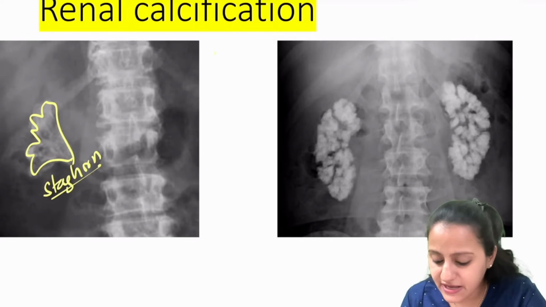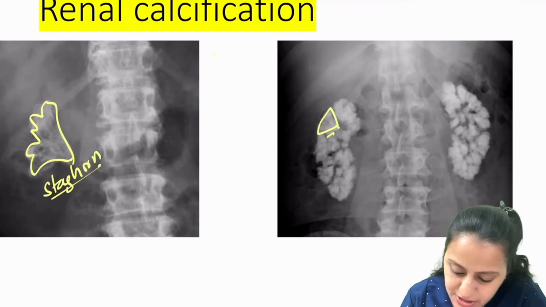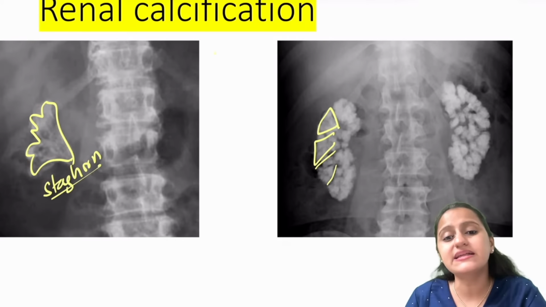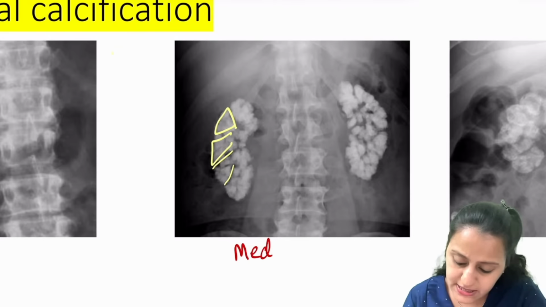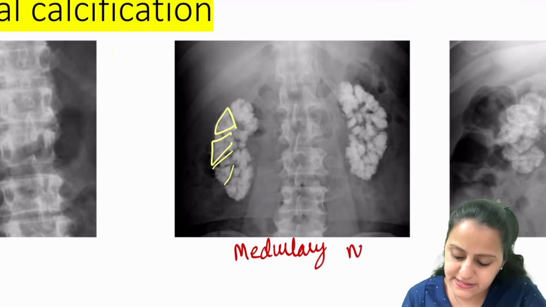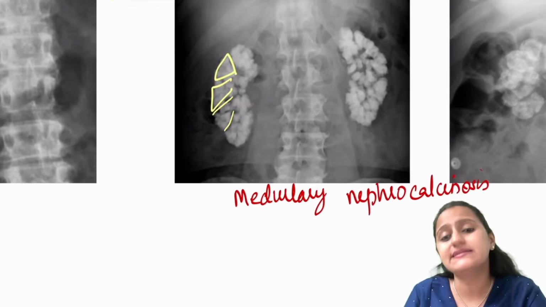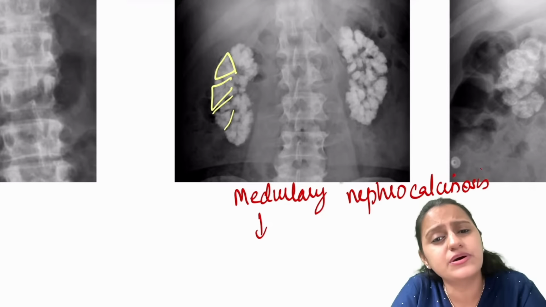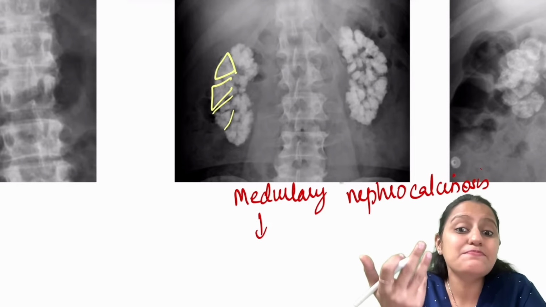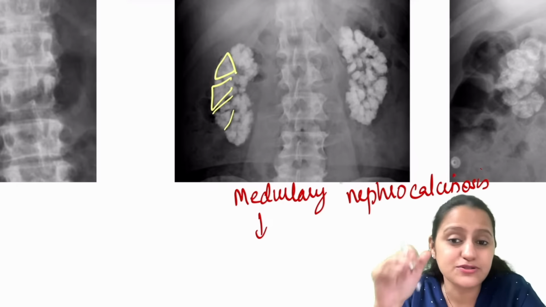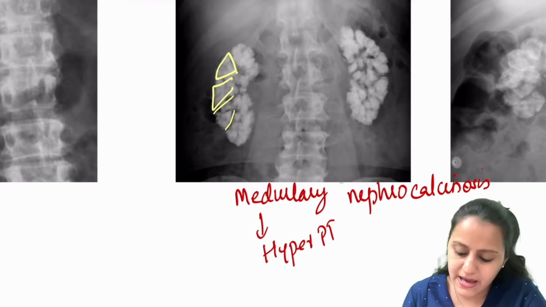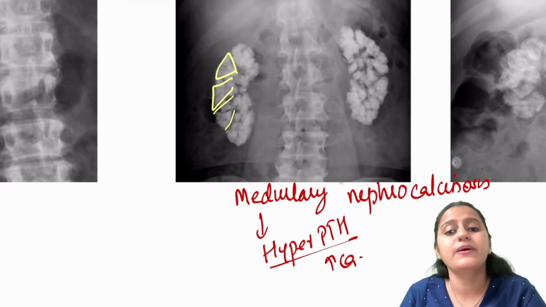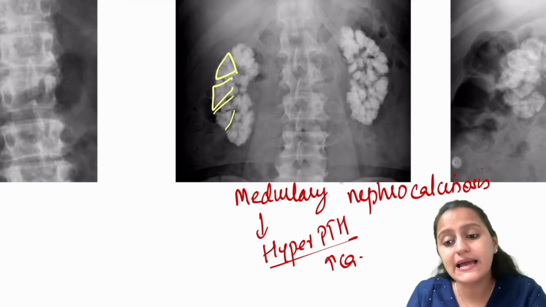This calcification, which is more like this triangular appearance with the lucent areas in between, is called medullary nephrocalcinosis. This is medullary nephrocalcinosis, which you can see in what endocrine condition? Where there is hypercalcemia, the calcium increases, goes in the kidney. So you can see it in hyperparathyroidism, where the calcium increases.